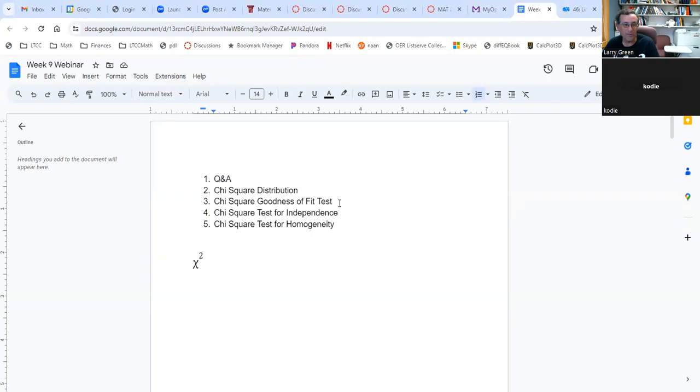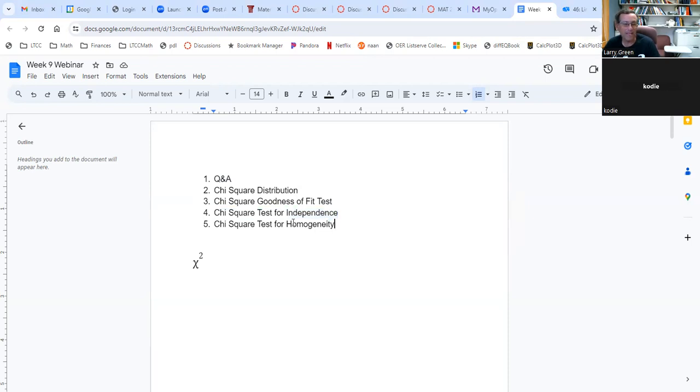So there are going to be 3 different types. The first will be the chi-squared goodness of fit test, which is very important. It happens in lots of applications, and we'll see some of them. Then we'll look at the chi-squared test for independence, which decides whether 2 qualitative things are independent or dependent, and we'll have a hypothesis test for that.